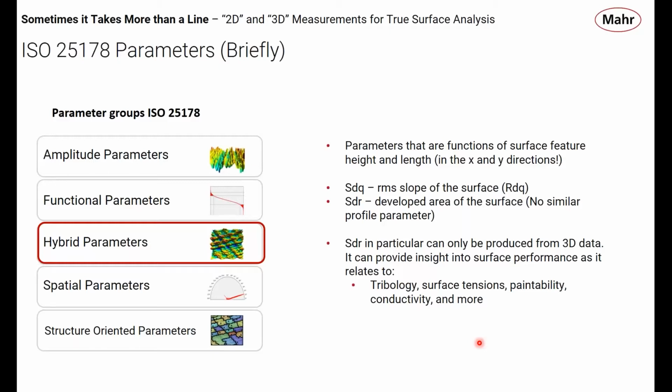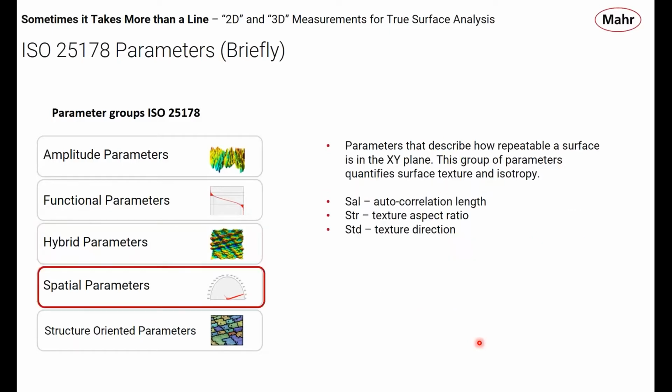This is the quantification of that. How peaky, how slopey, how faceted is the surface? That's what SDR quantifies, and it plays a very important role in tribology, surface tension, paintability, even conductivity. So that's probably the key hybrid parameter.